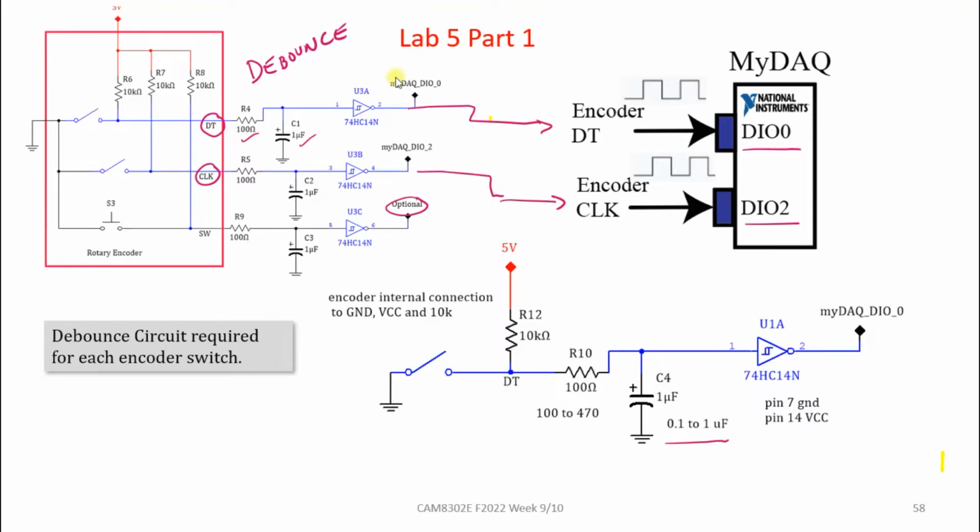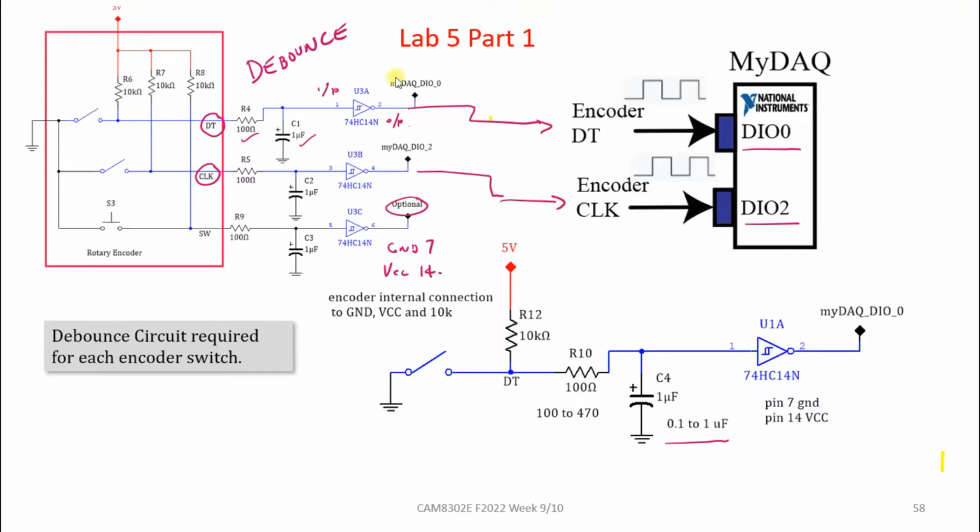Okay, and then you have to make sure you're going through the input on this side and the output on the other side before it gets to the digital IO0 pin. Okay, that's very important. And also the HC14 must be connected to ground on pin 7 and VCC on pin 14. Make sure that those are connected.